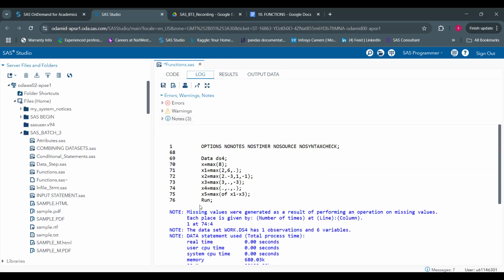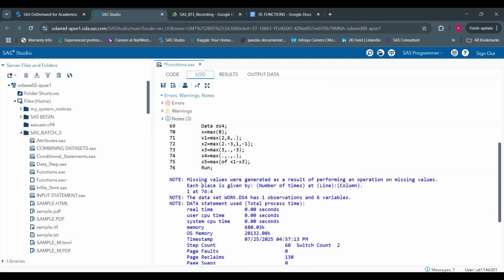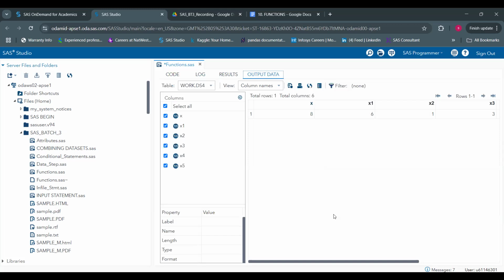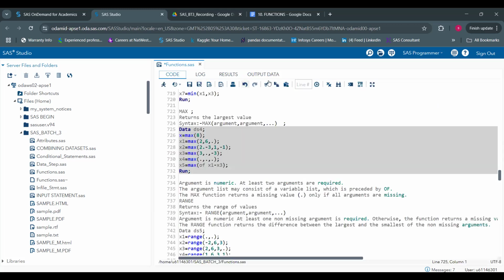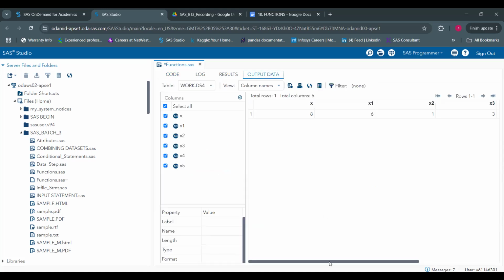If you see here, missing values are generated as the result of performing operations on missing values. Where did we get missing values? X4. Is X4 a missing value? X4 is null.